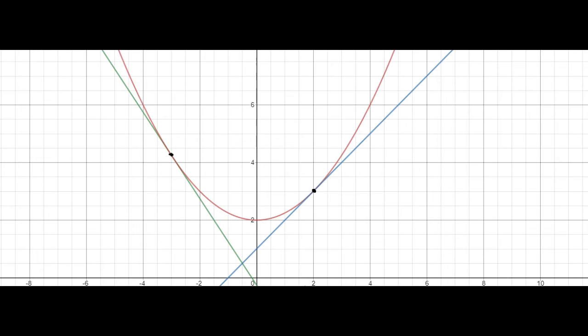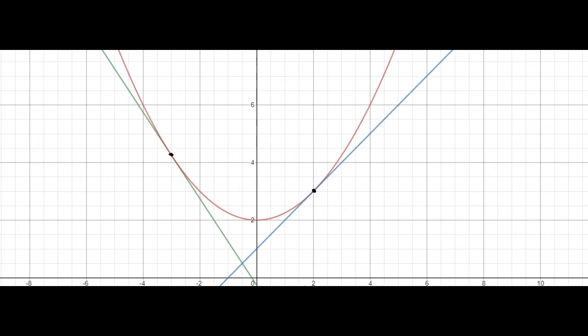The green line has a negative slope because it goes from top left to bottom right, and the blue line has a positive slope because it goes from bottom left to top right. This shows us that the derivative of a function really depends on the x value that we're looking at. At x equals 2, we have a positive derivative, and at x equals negative 3, that's a pretty steep negative derivative, because we just have to look at the slope of the tangent lines.